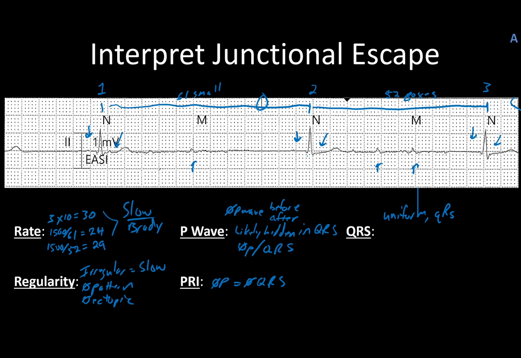We'll say this one starts about right here and ends about right here. 1, 2.5. So 2.5. 0.10, which is normal. So ultimately, we have a bradycardic rhythm with a normal QRS and no P waves.